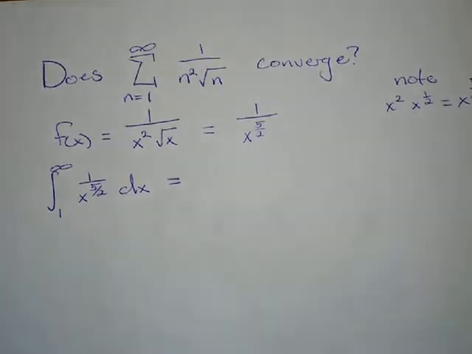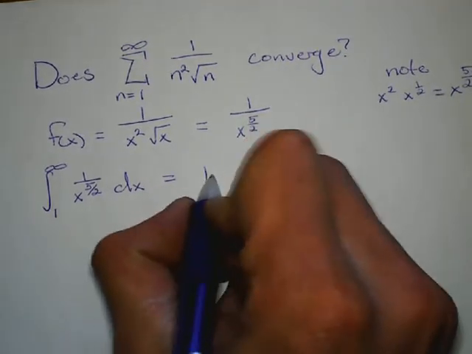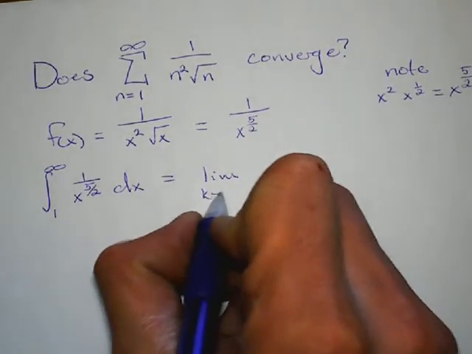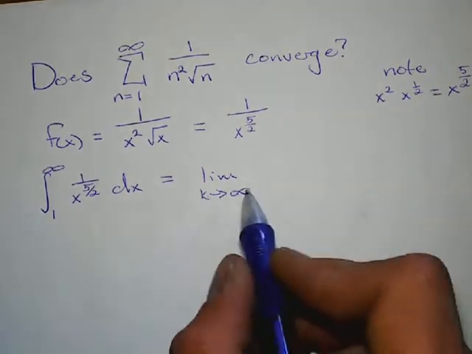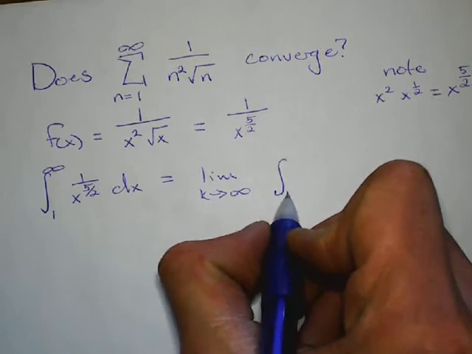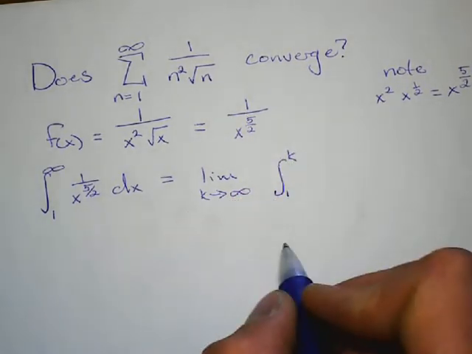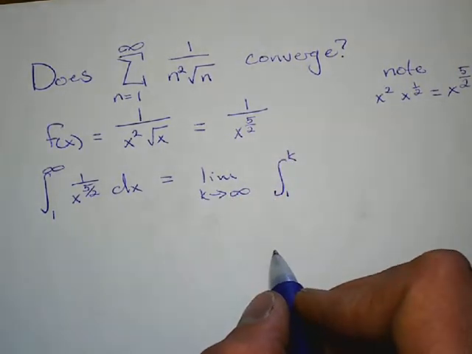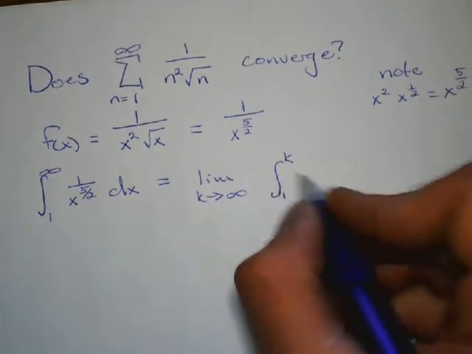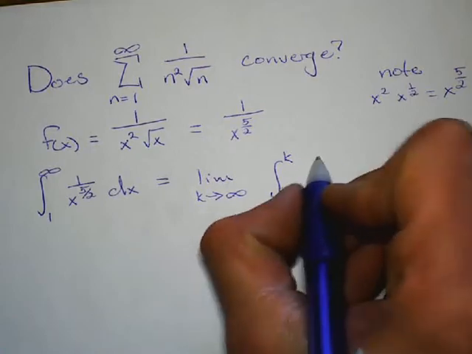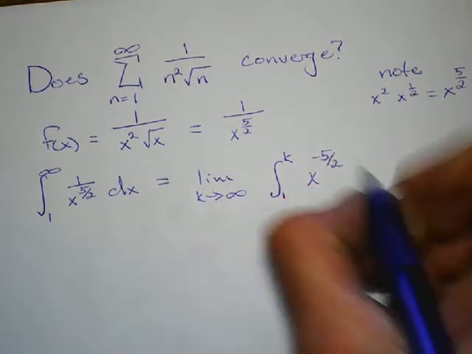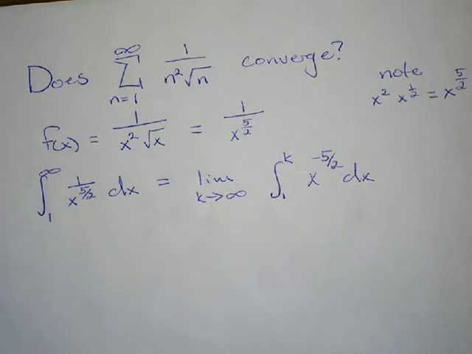This is an improper integral, so if you remember, we have to take a limit as k, or some dummy variable, goes towards infinity, from 1 to k of the same argument, x to the negative 5 halves dx. I like to write it like this so I can see right off the bat that I can do the anti-power rule.